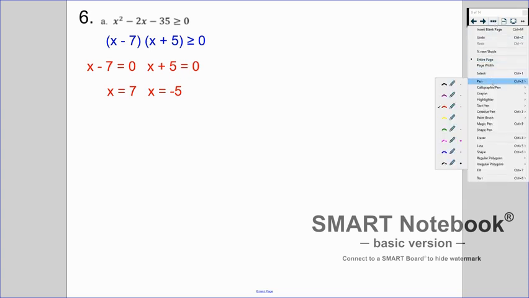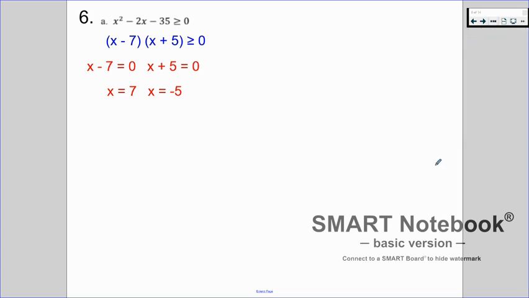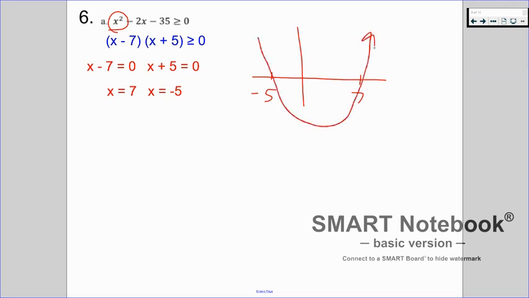So as we consider the graph of that, we realize that it's going to cross the x-axis over here at 7 and over here at negative 5. And then I can use that idea, and when I know that it's x squared with a leading coefficient that's positive, I know it's going to be a parabola that opens up. So I don't need a real great sketch. I just need to understand the shape.